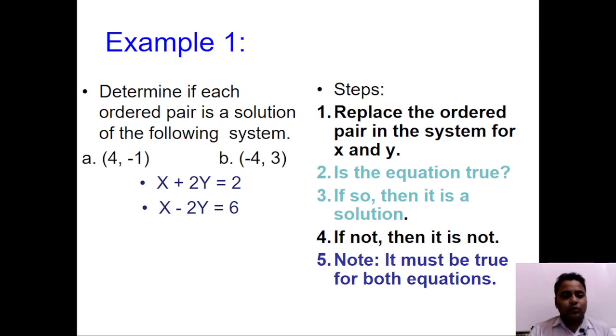And when we put the value (-4, 3), which is in ordered pair format, for x minus 4, then minus 4 minus 2 times 3, that is minus 6, and minus 4 minus 6 equals minus 10, which is not equal to 6. So by substituting the value (-4, 3), which is given in option B, it doesn't satisfy equation 2. So we can say that (4, -1), which is given in option A, is the true option.